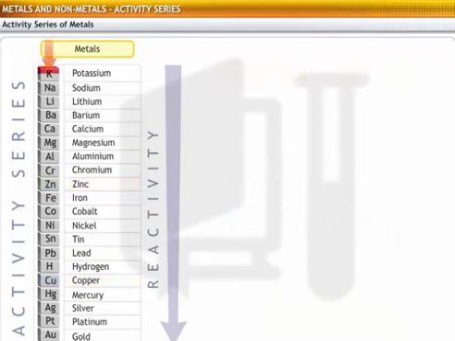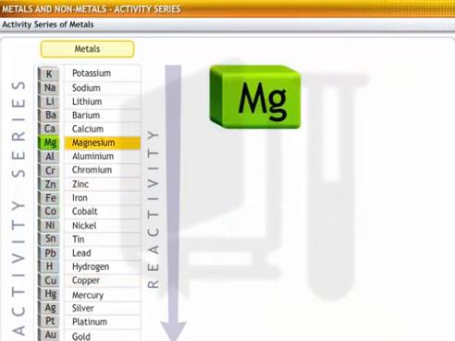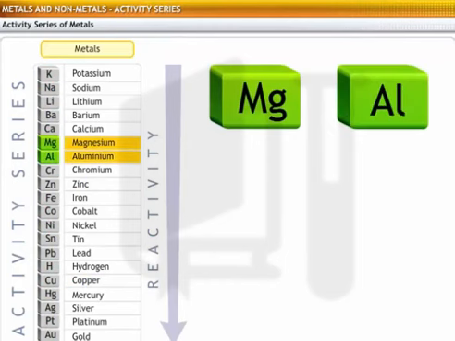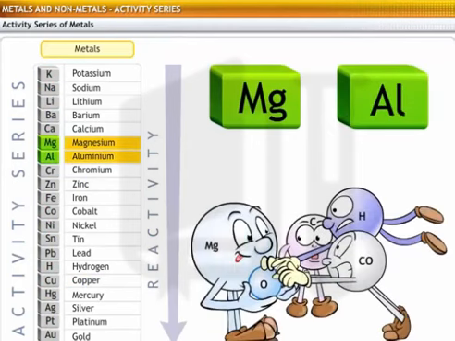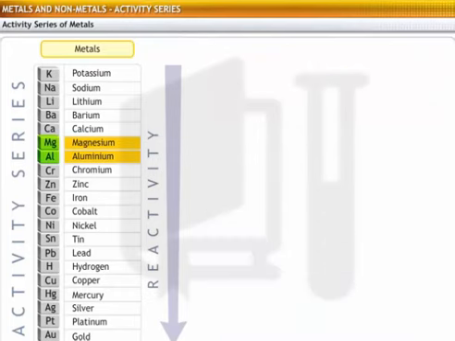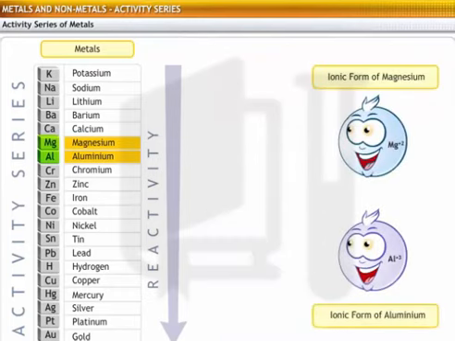As you move down the series, oxides of highly reactive metals like magnesium and aluminium are not reduced easily either by hydrogen, carbon, or carbon monoxide. This is because the ionic forms of magnesium and aluminium are more stable than their atoms.